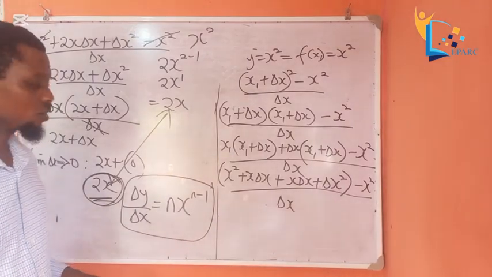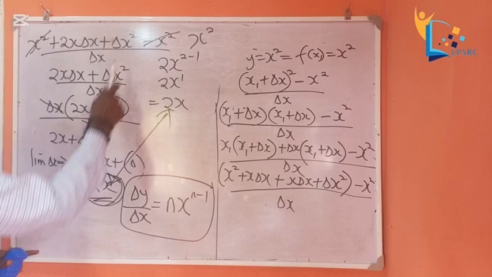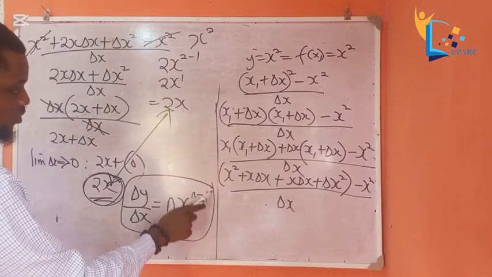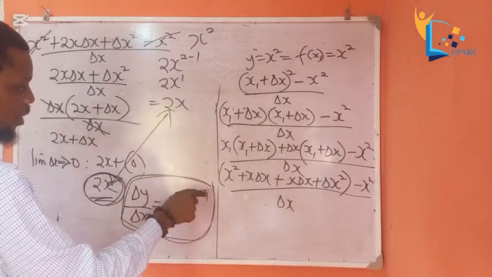Are we together? So from differentiation from first principle, that leads us to differentiation by rule.